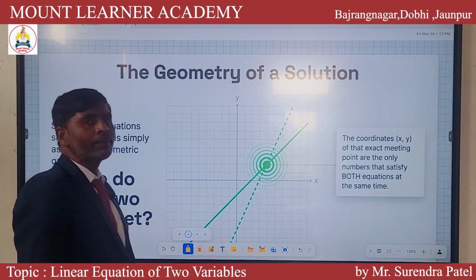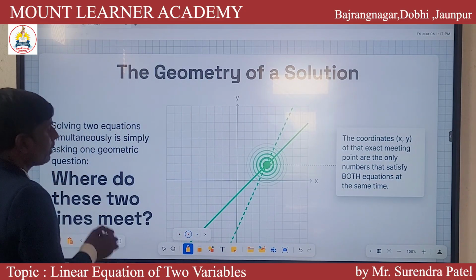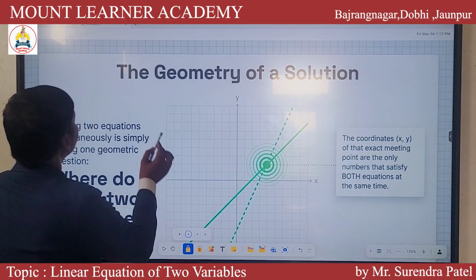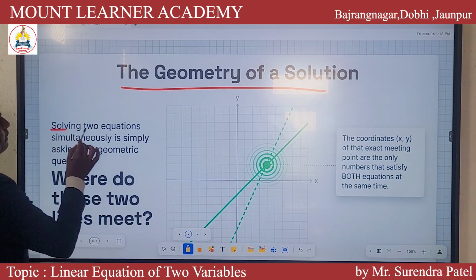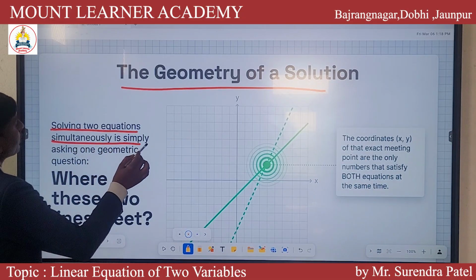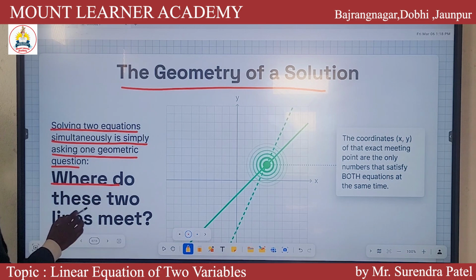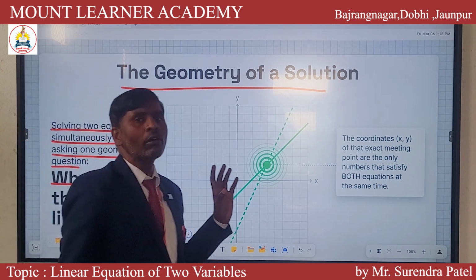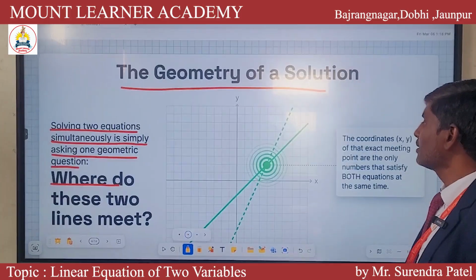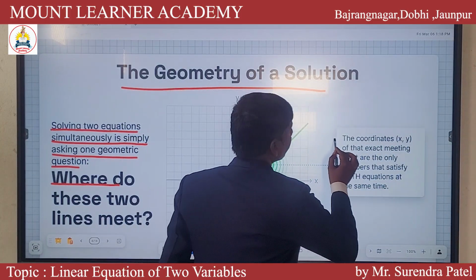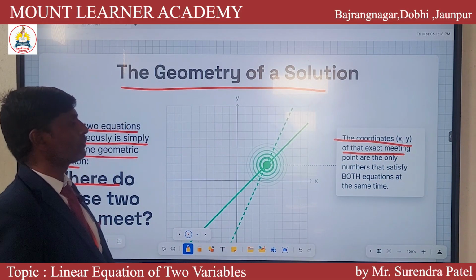Now, what is the graph of these linear equations in two variables? In this session, we study the graph of linear equations in two variables, meaning the geometry of the solution. Solving two equations simultaneously is simply asking where these two lines meet. If we draw the graph of these linear equations, the coordinates of the exact meeting point are the values satisfying both equations.